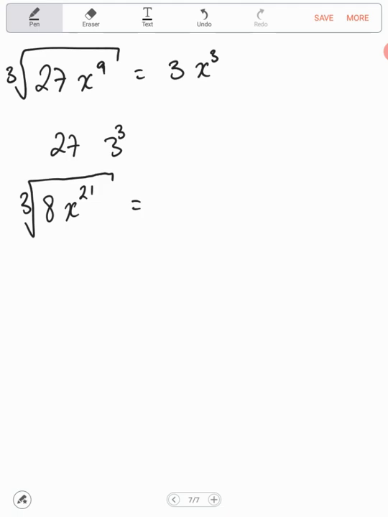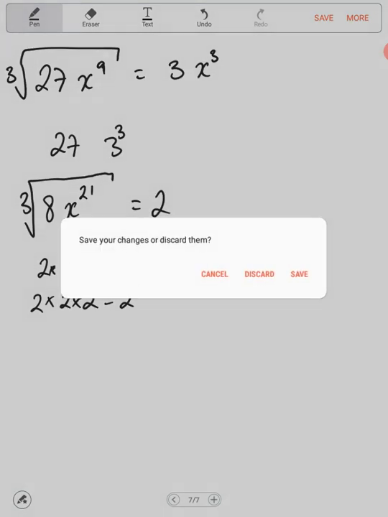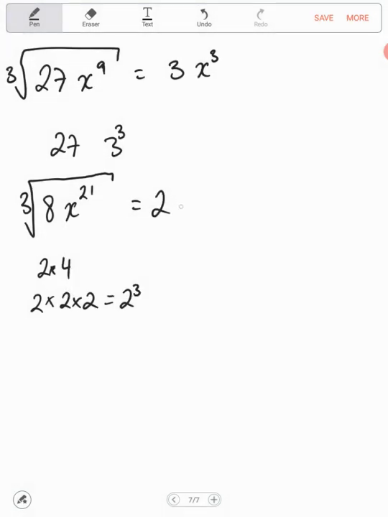Okay? Right, so the third root of 8, we've got to remember that 8 is 2 times 4. Okay? Which is 2 times 2 times 2. Okay, so 2 cubed. So we're going to have 2 there. And then x, and we do 21 divided by 3, that's 7.